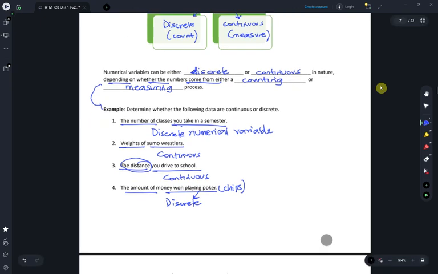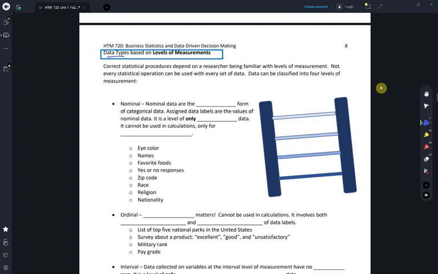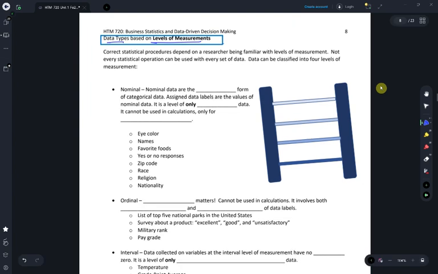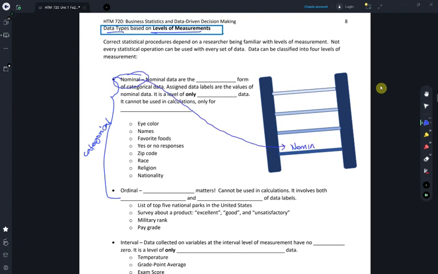Let's proceed a little further to talk about data types based on levels of measurement. You see, if a variable is categorical, then it can either be at the nominal level of measurement, which is the lowest on the ladder of levels of measurement, or it can be at the ordinal level of measurement.